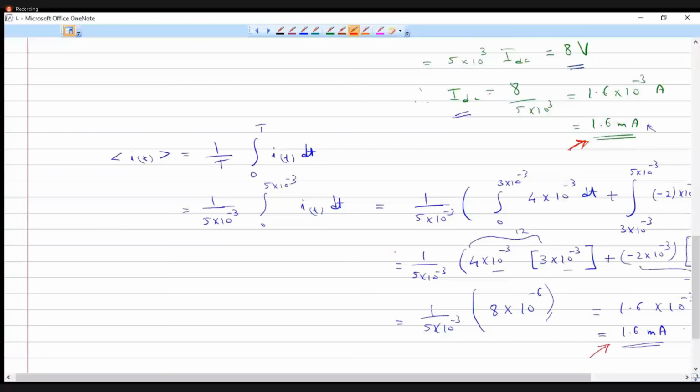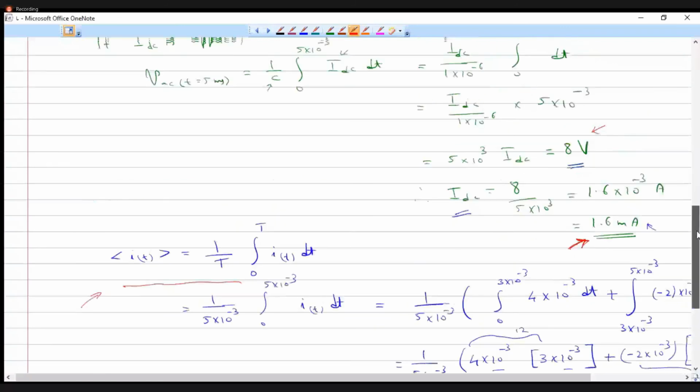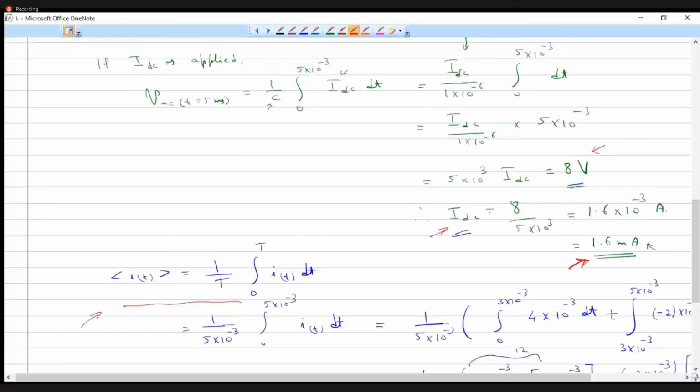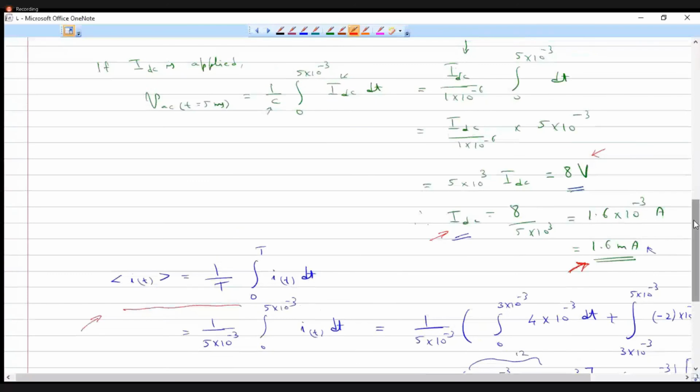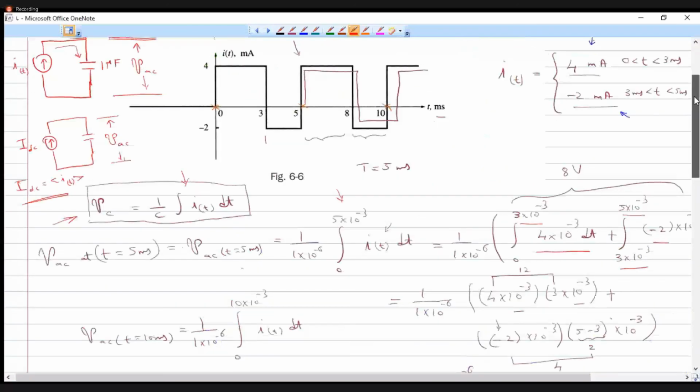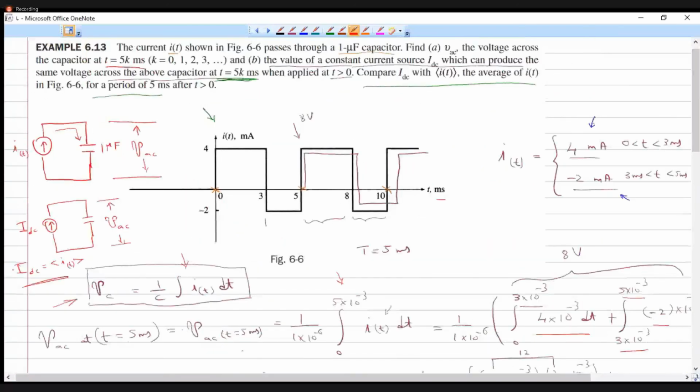This is the average value we calculated using this formula, and it is equal to the DC value of the current. Hope you will remember this. So we can write IDC is equal to the average value of the time varying current. Hope you understand the relevance of these two examples.